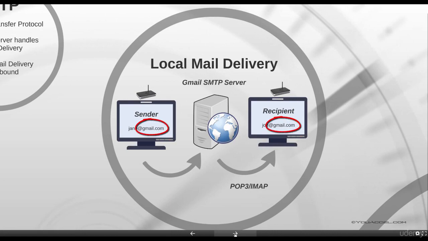The SMTP server would easily determine that they are both Gmail accounts. In this case, Gmail's outgoing SMTP server would hold the emails internally in the email storage. This is until Joe connects to the server and downloads the mail waiting for him.